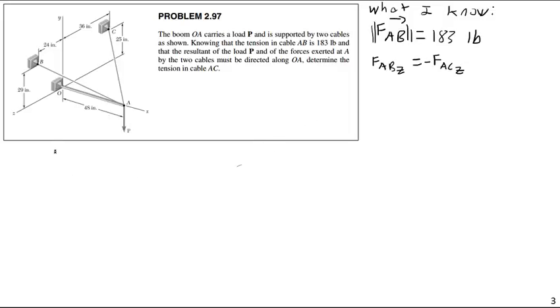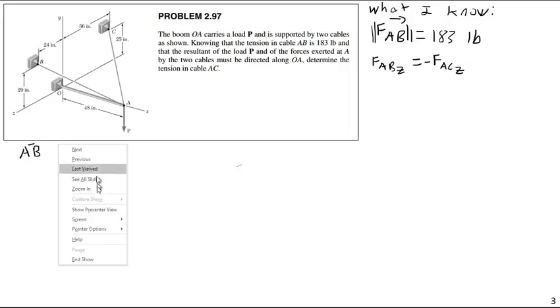So let's look into this and see what we can find. Here, I'm going to apply this relationship. Now, I need to know the length of AB. So, of line AB, not the force AB, but the line AB.